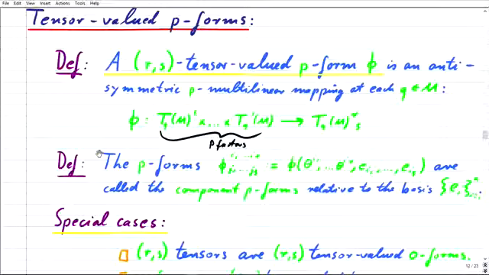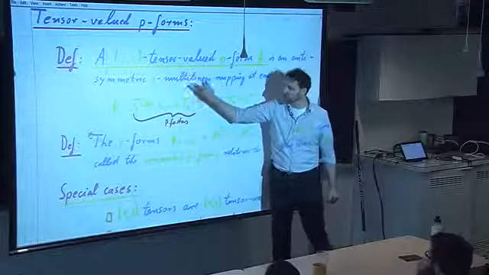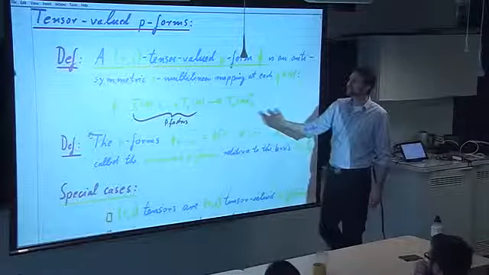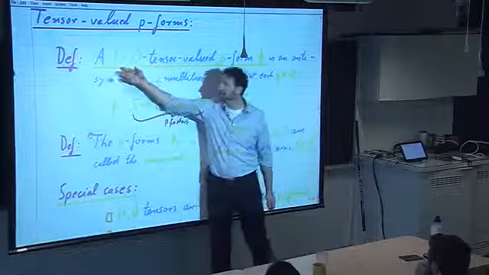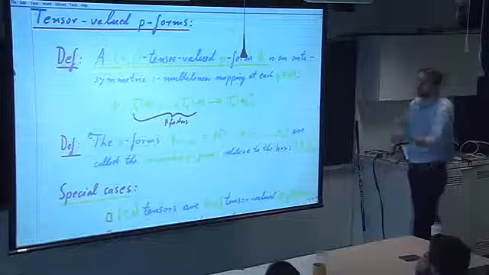Now, if you choose to contract these R contravariant and S covariant indices with basis vectors, so you contract the R, I mean, this is R slots to put in cotangent vectors. This is S slots to put in tangent vectors. If you put in the basis vectors, then you obtain numbers again. So your differential form is now number valued again. Because, in principle, it's RS tensor valued, but an RS tensor has so many inputs. If you satisfy them, if you put tangent and cotangent vectors in there, then you get a number again.